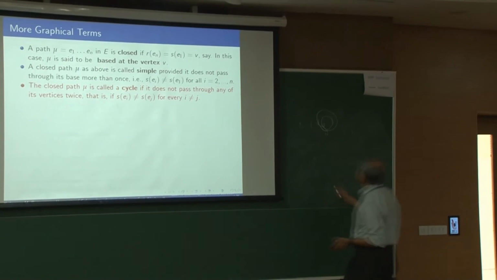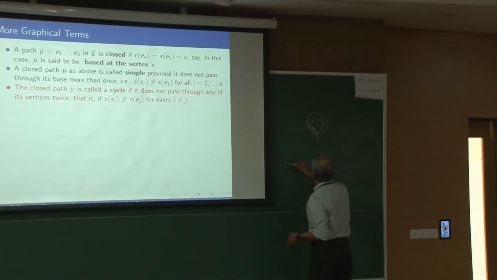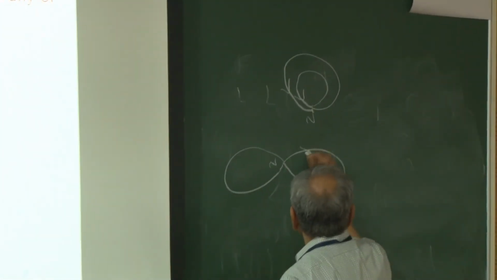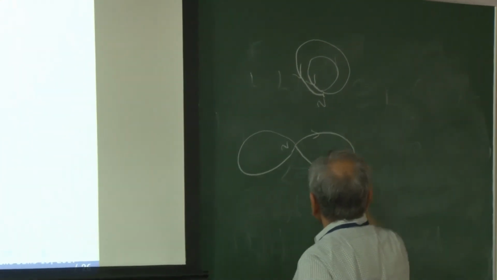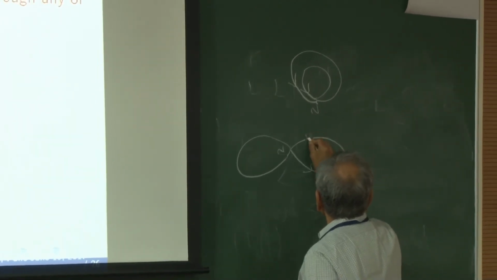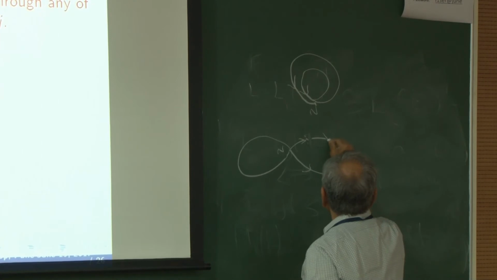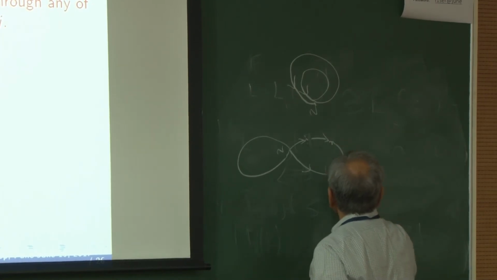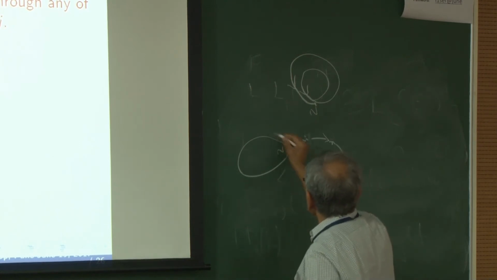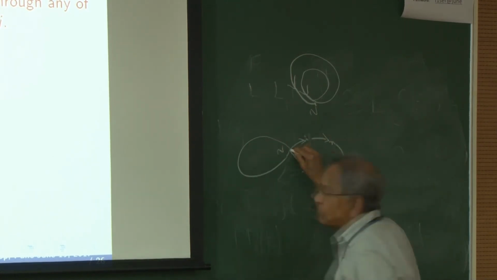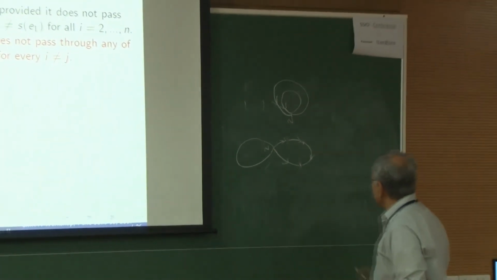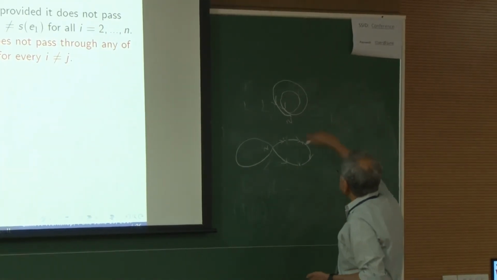Like, for instance, the easiest example: here's the vertex v, it goes through, it crosses, and this is not a loop here. So here is one that also crosses again once more, so it is not a cycle. So for a cycle, essentially, it doesn't cross at all.